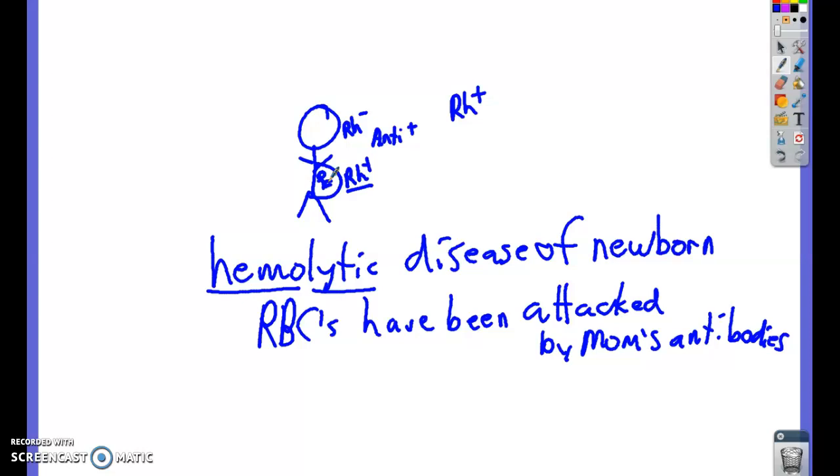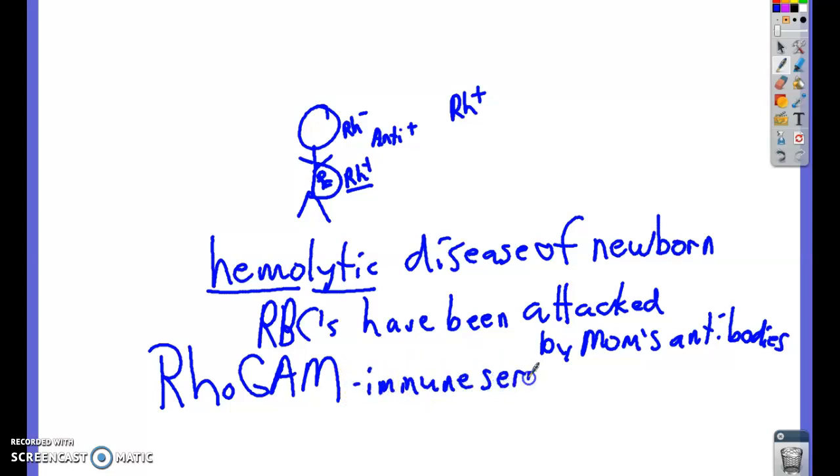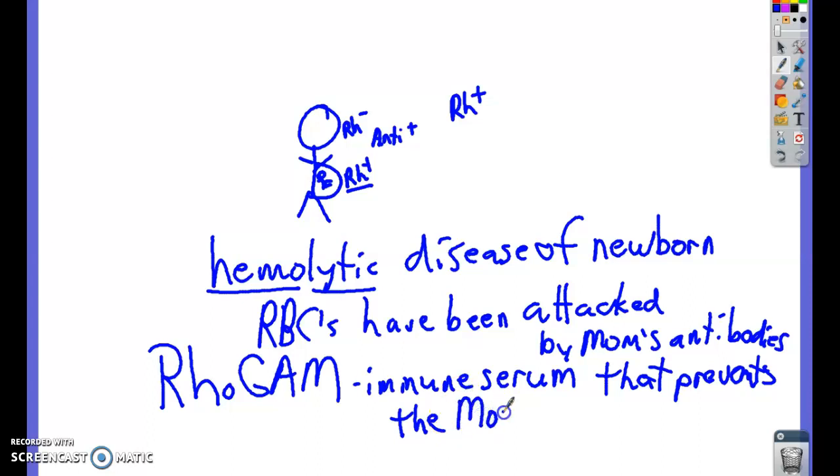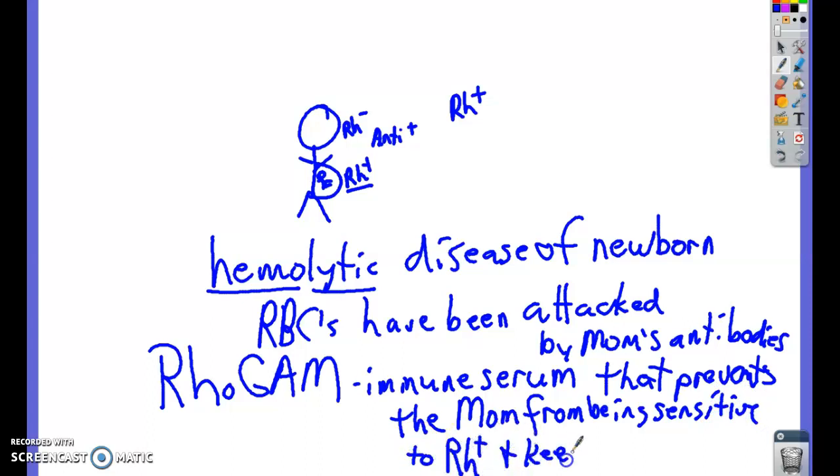So what happens is, for the next baby, they would give her a RhoGAM shot, or injection, and basically it's an immune serum that prevents the mom from being sensitive to the Rh positive and keeps her from making antibodies.